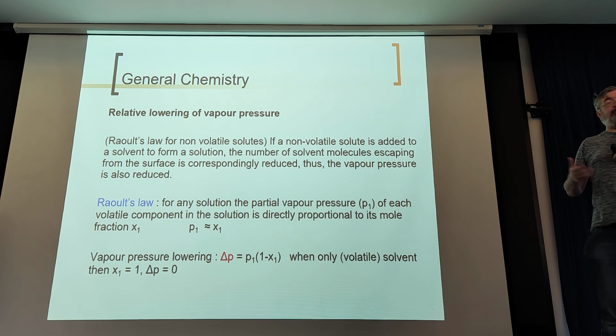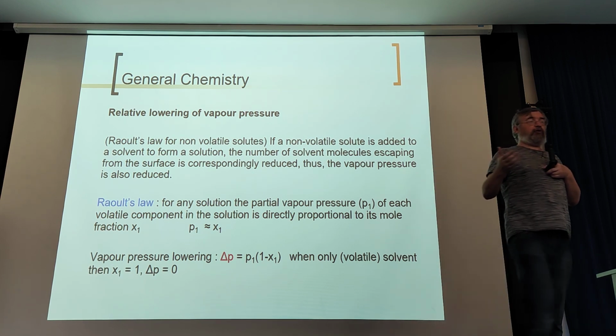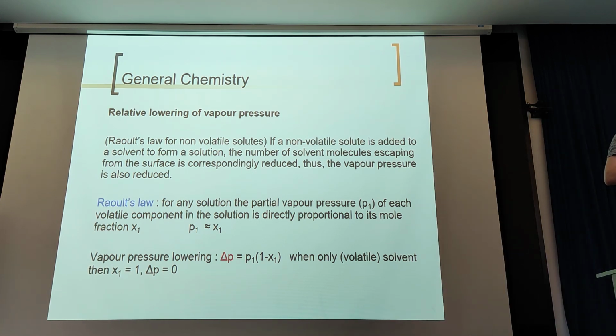But for instance, you have 99% of solvent and 1% of solute particles. So this 1 minus x1 is 1 minus 0.99. So that's 0.01.